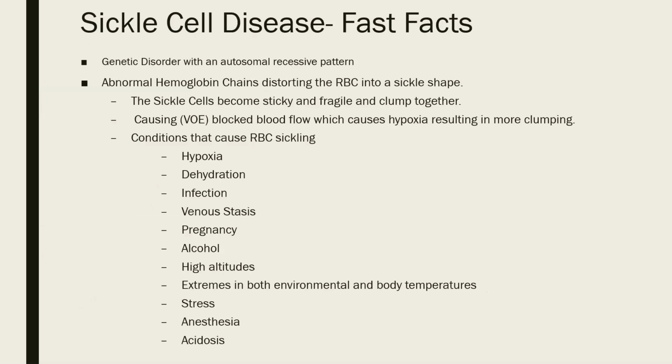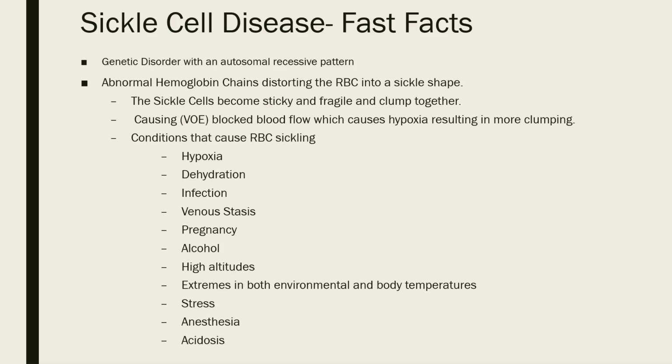We're going to start with sickle cell disease. When you look at sickle cell disease, know that it is a genetic disorder with an autosomal recessive pattern. It is an abnormal hemoglobin chain that distorts the RBCs into a sickle shape. When you look in the book, you'll see the pictures of the sickled red blood cells.